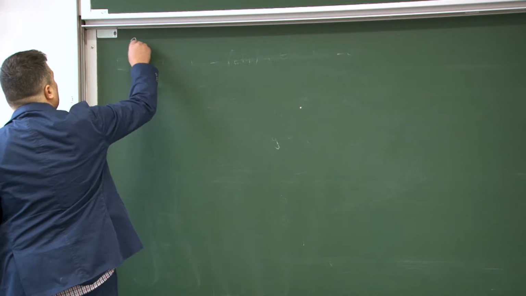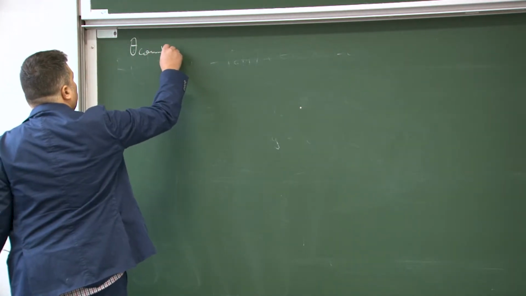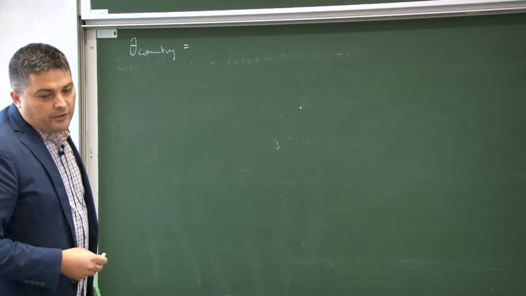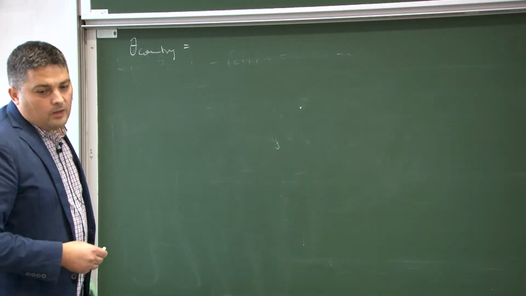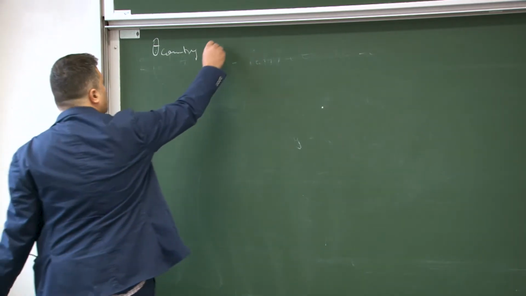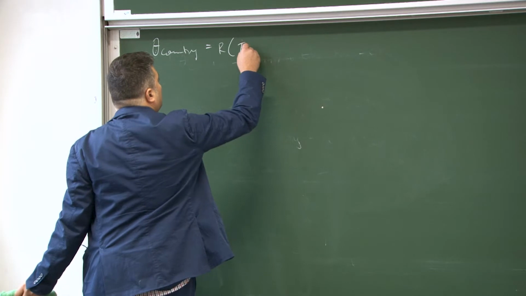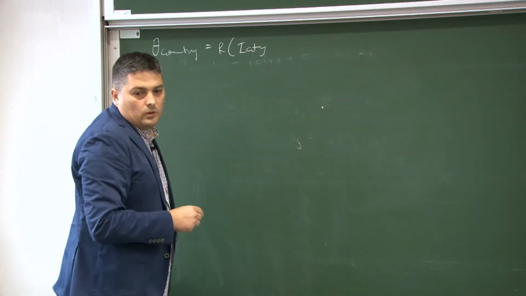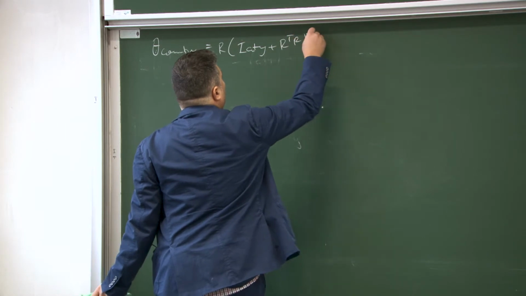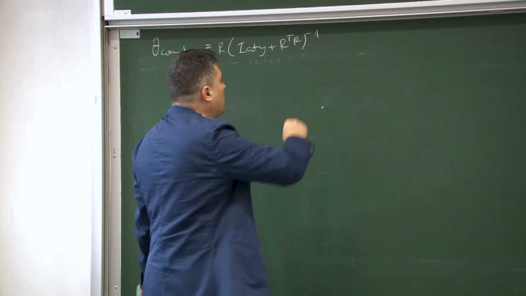I write again that theta country is what I just wrote there, so I can write it in terms of I city, R city plus R transpose R minus 1 gamma city.